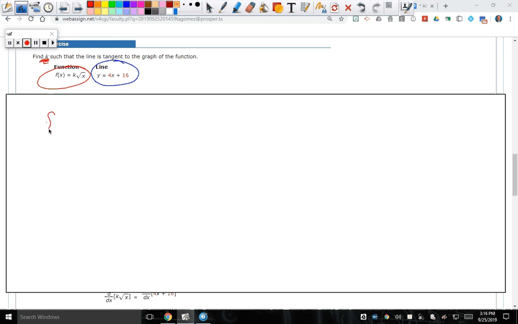First of all, if I were to take the derivative, what's the derivative of k times x to the 1/2? 1/2 k x to the negative 1/2, right? So it's like this per se. Maybe let me make it a little bit clearer by moving it down. So k over 2 square root of x. This is my derivative function.